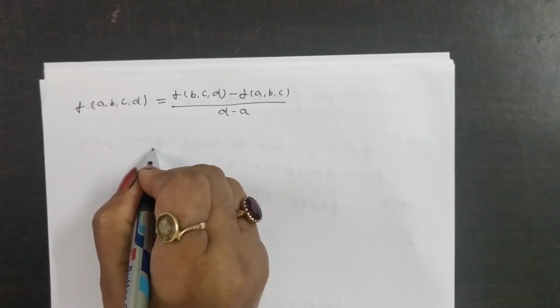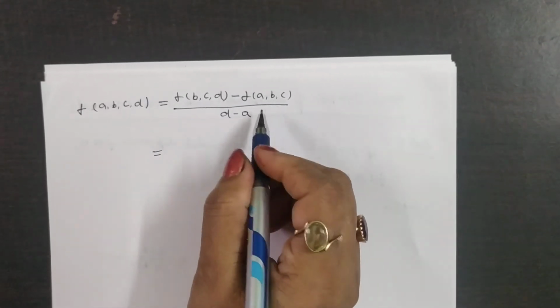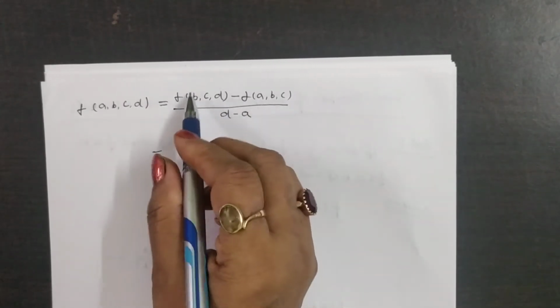Now similarly, you have obtained here f of abc. Similarly, you can write down bcd.